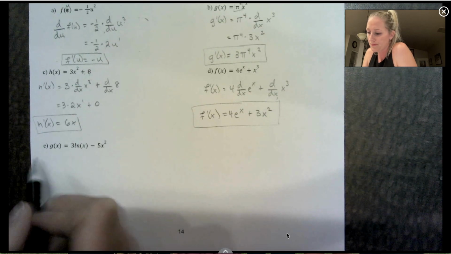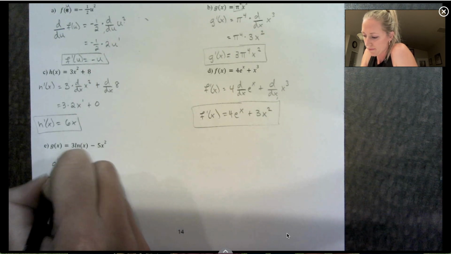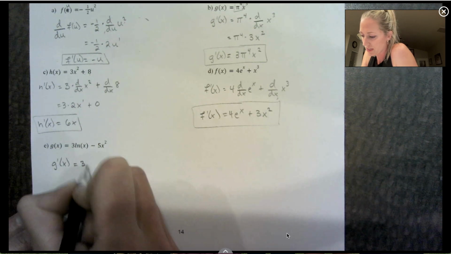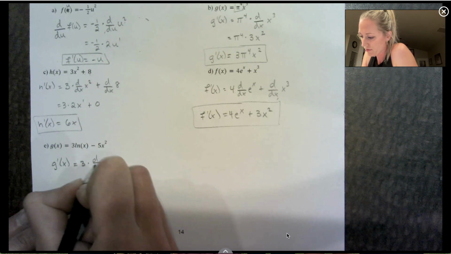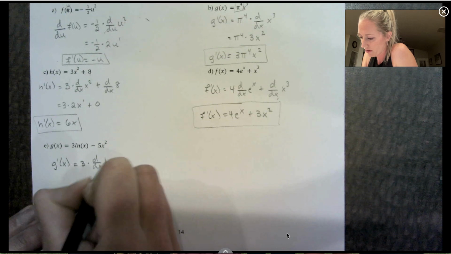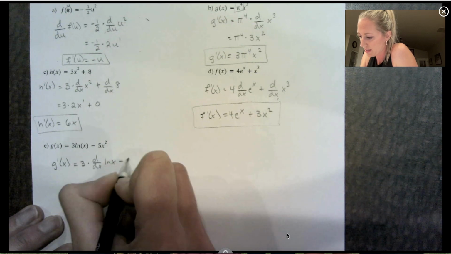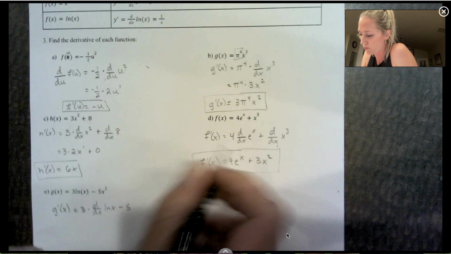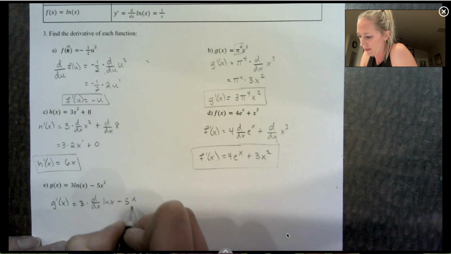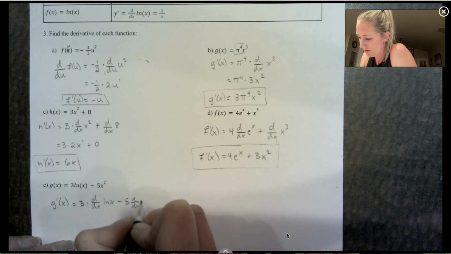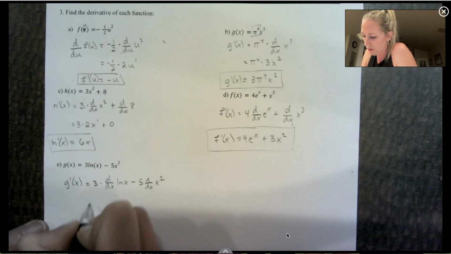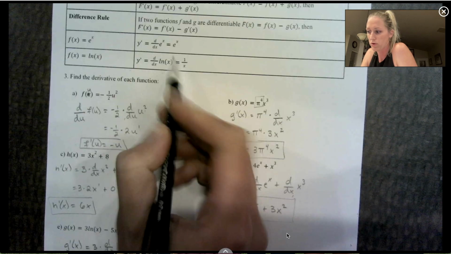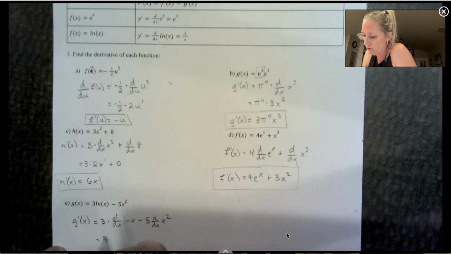Okay, last one, g prime. We have a constant multiple times the derivative of the natural log of x, minus 5, again a constant multiple, and then we're going to multiply by the derivative of x squared. So we get 3 times the derivative of natural log of x. Remember, that's one we want to commit to memory, it is going to be 1 over x.